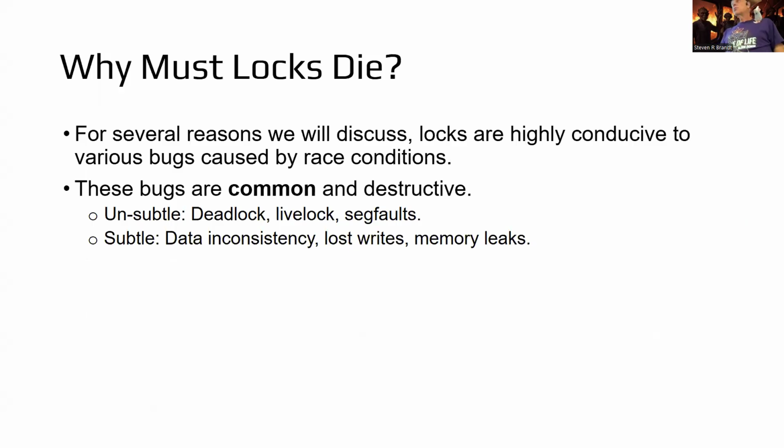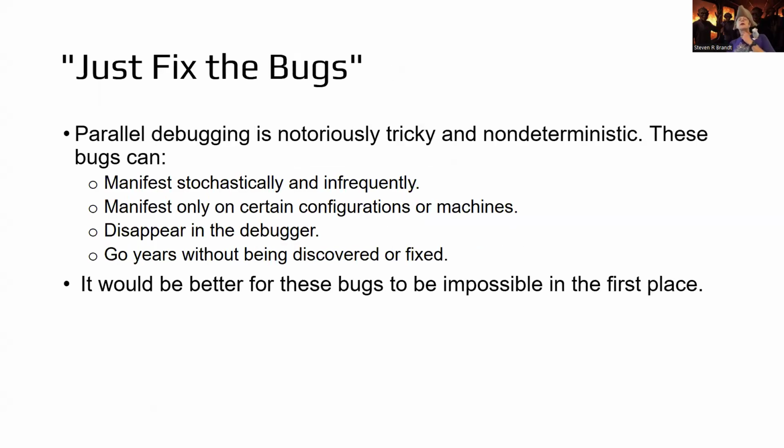Locks are also difficult because, as we discussed earlier in this course, they're non-composable, right? And their use leads to all kinds of potential problems. So the normal approach is to just stoically fix the bugs and move on.